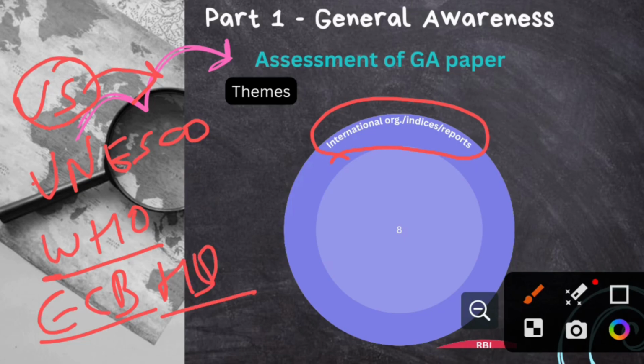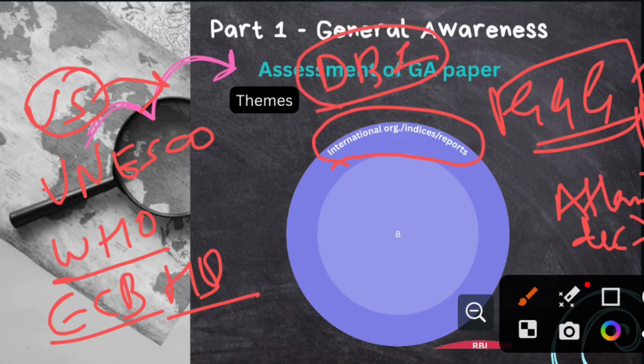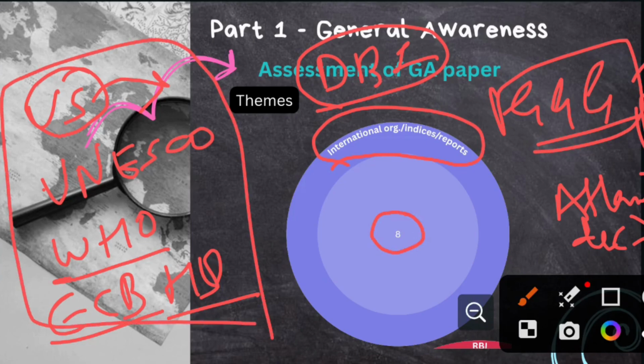The ECB headquarters was asked, European Central Bank. There was a question on the global gender gap, one on the Atlanta Declaration, and one on the Doing Business index. These are the broad questions which were asked. So there were approximately 8 questions from these areas.